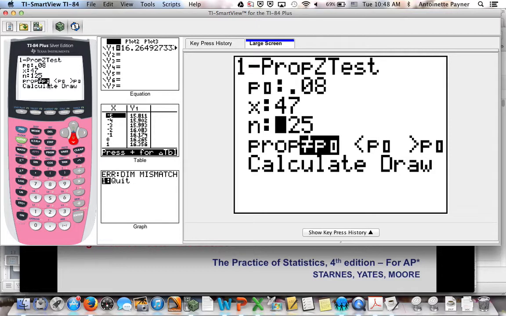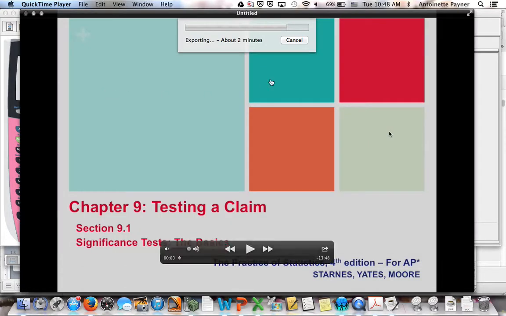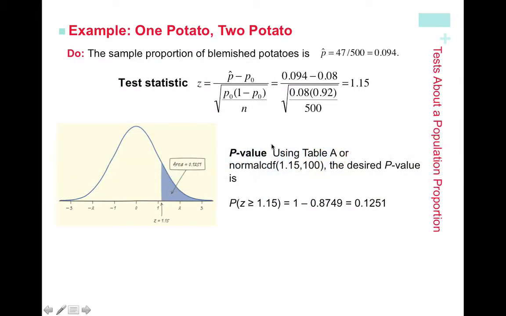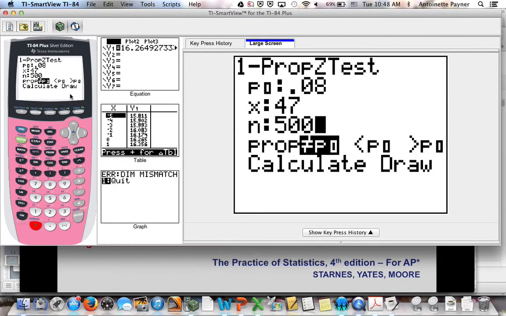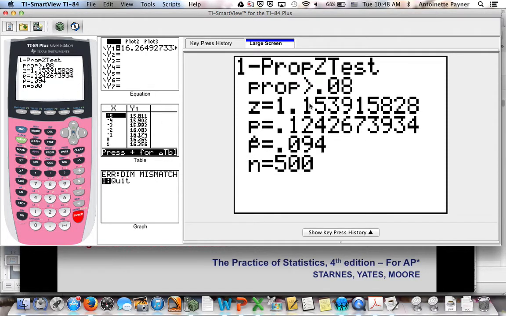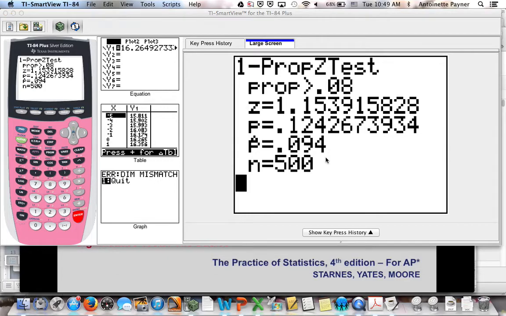It was out of a total of 500. The direction of my alternative hypothesis was greater than, so I'm going to select this one, and then I'm just going to hit calculate. Alright, and then I'm going to get the test statistic of 1.15, and there's my p-value. So like I told you to do, write down what you typed in for x, write down what you typed in for n, write down which direction that you picked.